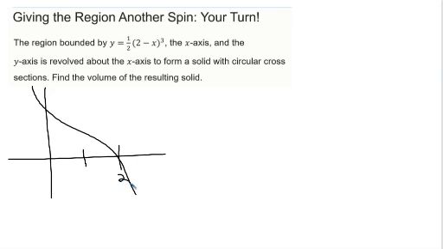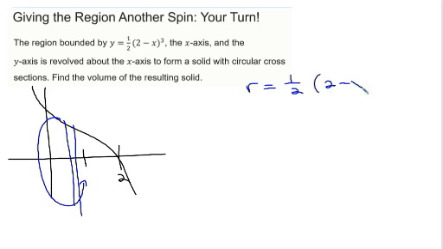All right, so my slices, this thing is rotated like this, and my slices are running this way. So my radius is just the function value. This one's fairly basic. My radius is the function value.